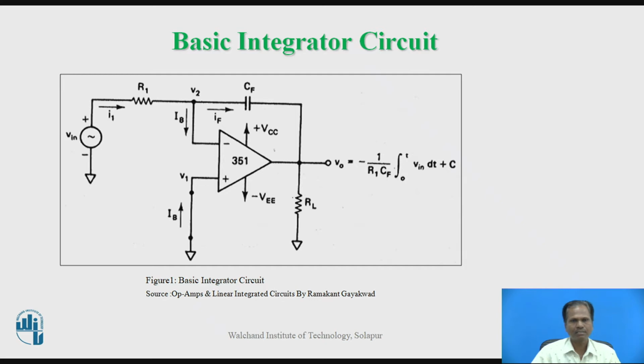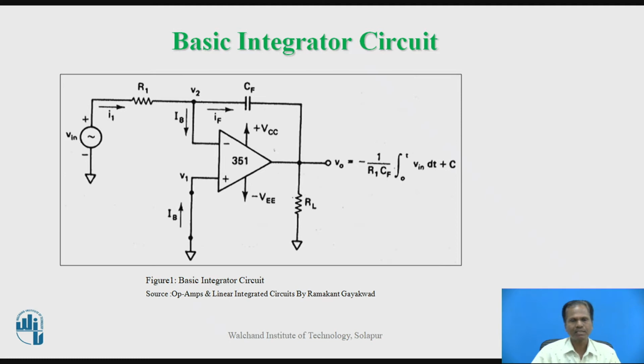And load resistor RL is connected at the output of operational amplifier. So voltage appearing across RL is nothing but voltage coming across a feedback capacitor CF. So feedback capacitor CF is acting as an integrating capacitor. So voltage across feedback capacitor accumulates or integrates with respect to time for a given input voltage signal.